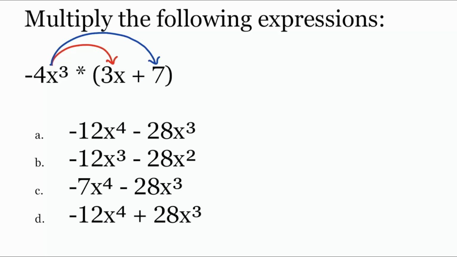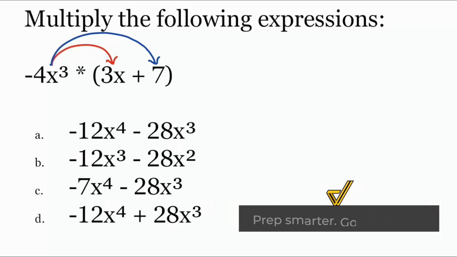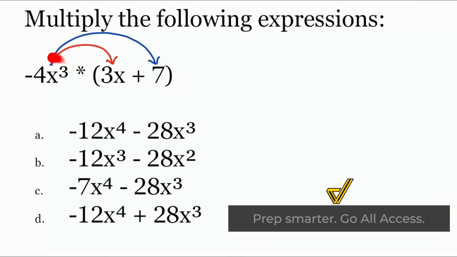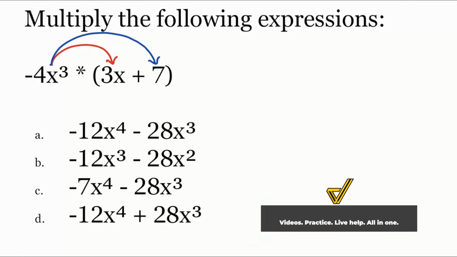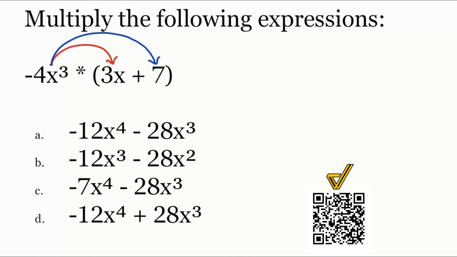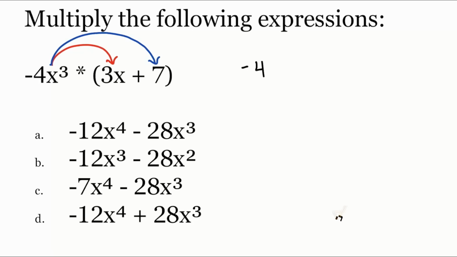So remember that when we are distributing, what we're doing is making sure that everything from one parentheses or group multiplies with everything from the other. That's the biggest goal here, making sure that we're doing this the appropriate way. So here we go. I'm going to make sure that I write the negative 4x cubed, and just for good measure, I'm going to copy that right over there.